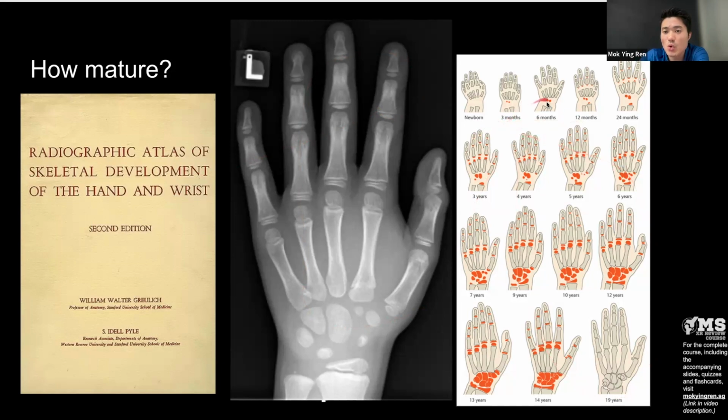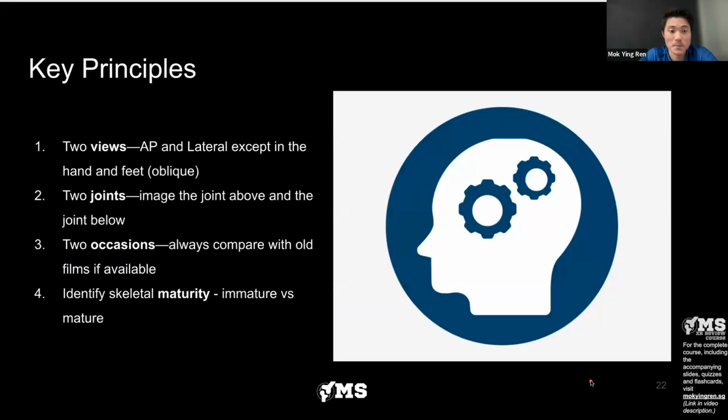And they then know when the carpal bones start to ossify and become present in these patients. So this is how we tell the skeletal maturity of a patient based on the x-rays.